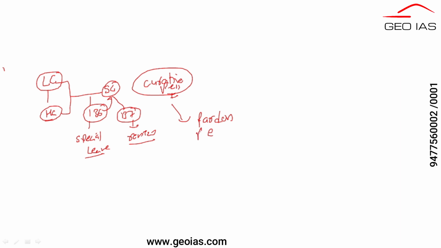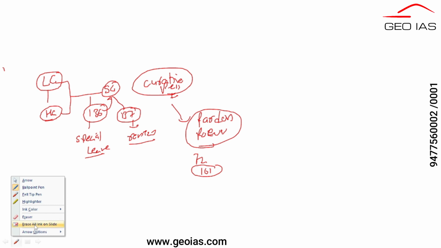Pardoning powers are empowered to the executive, that is the President and the Governor, as per Article 72 and 161 respectively. They can decide, if there are any judicial errors, and they will try to correct them. So this is how the process goes on.